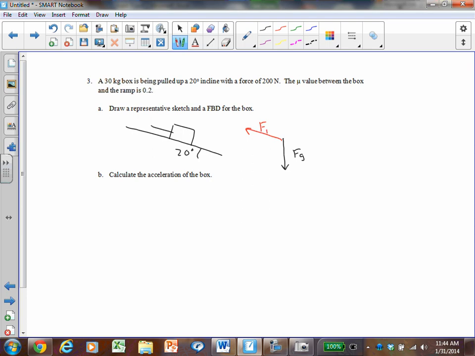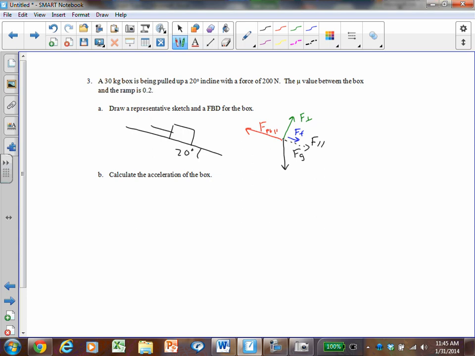What other forces? F perpendicular, 90 degrees to the surface. What other forces? F parallel, the portion of FG. There's another one. What is it? It's against the direction of motion since it's being pulled up. FF. Right?